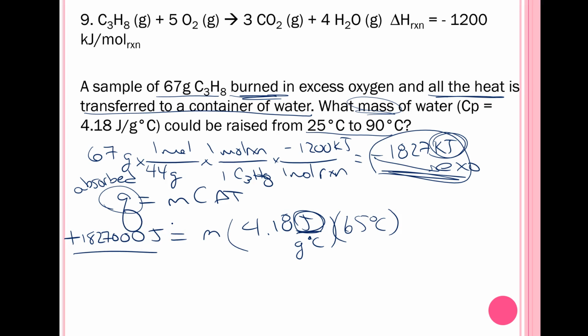So you're going to get a pretty large mass. 6.724 grams. One thing I will tell you, if you leave it in kilojoules, what that means is your mass is going to be in kilograms. And it's fine as long as you acknowledge that. Okay? Either way is fine.